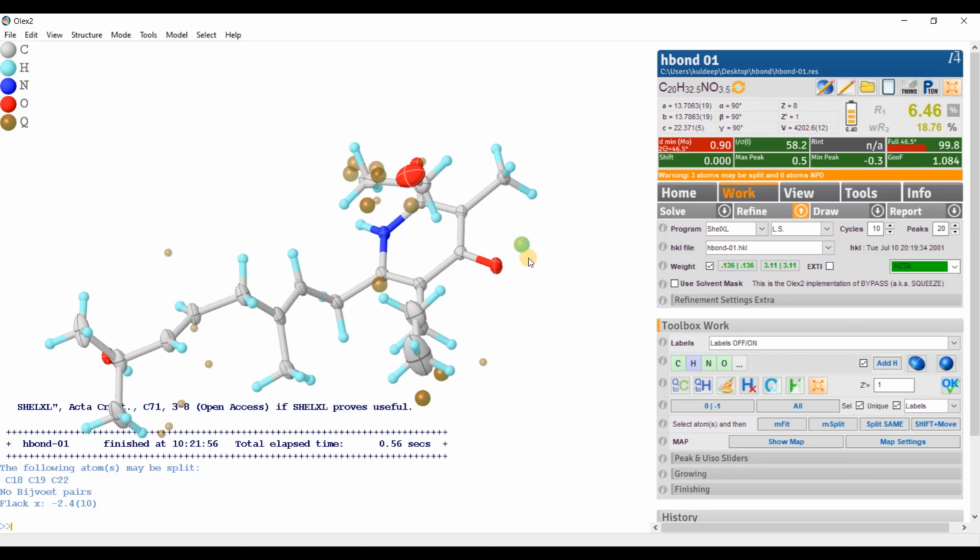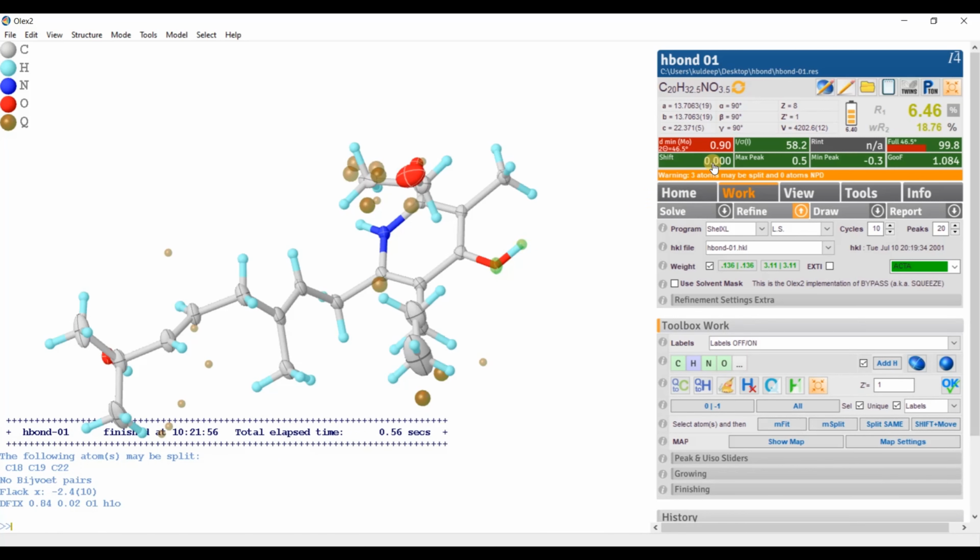Now select this oxygen Q peak and type name H1O. This is O1, so H1O. Just enter. Select this bond and type DFIX 0.84.